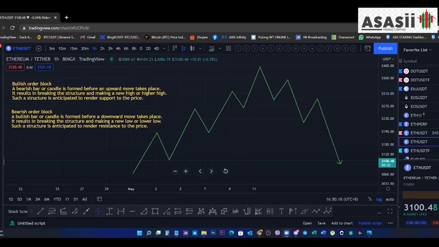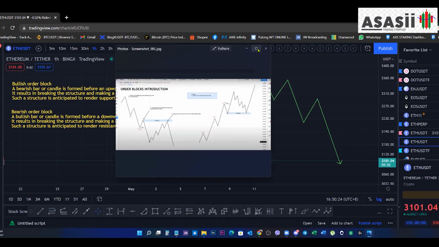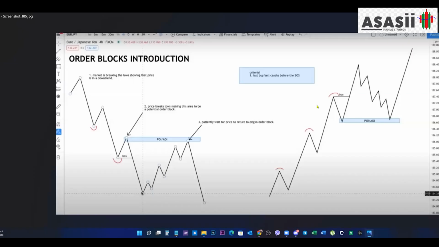First of all, we will now move on to our presentation, and we will discuss order block. An order block is considered a market behavior that indicates the pile up of orders from bigger institutions or from banks.